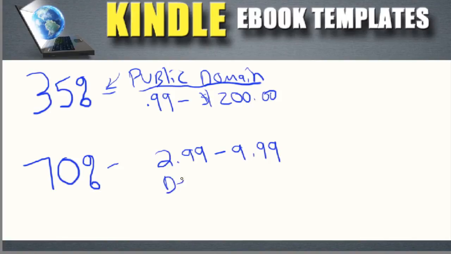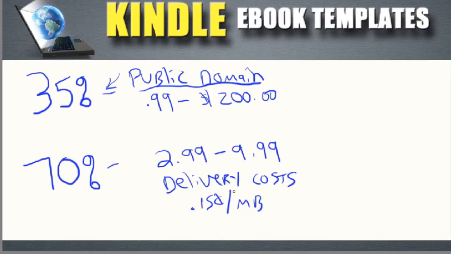There's an additional factor here of delivery costs also. This is somewhat new, but with the 70% royalty, there are delivery costs that you have to pay. It varies by country, but it's 15 cents per megabyte, I believe, in the USA. So 15 cents per megabyte, which isn't very much, but you do want to take it into account.